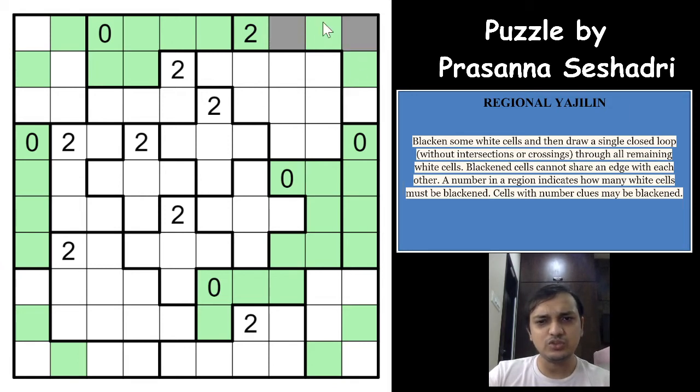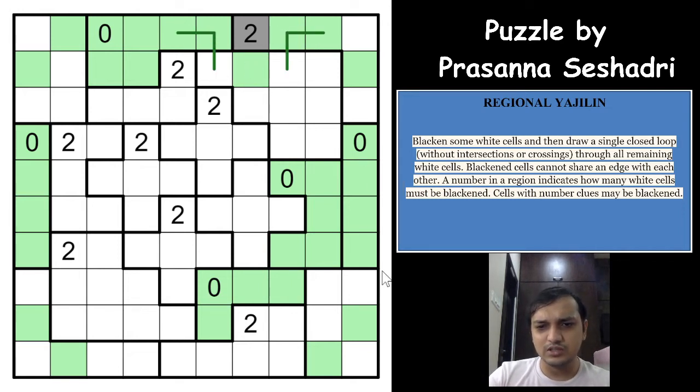If I shade these two cells, you will still have a cell stranded here, and if I shade these two cells, you will have a small separate loop forming here. You can have only a single non-intersecting loop in the whole grid. So you already have a small loop forming here, which is not possible, which means that this cell won't be unshaded and it has to be shaded, right? Which means that these two cells will have to be unshaded, and then we can form a loop here.